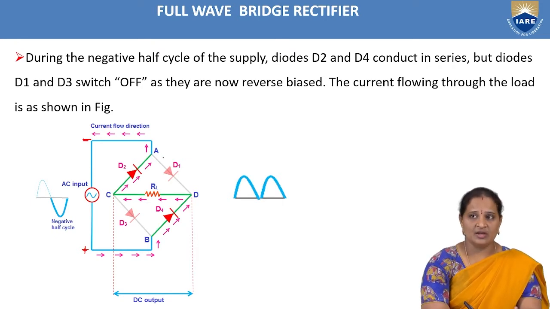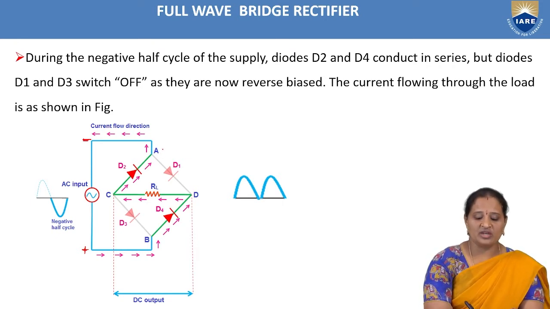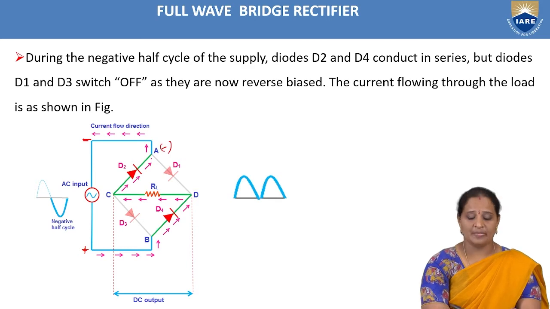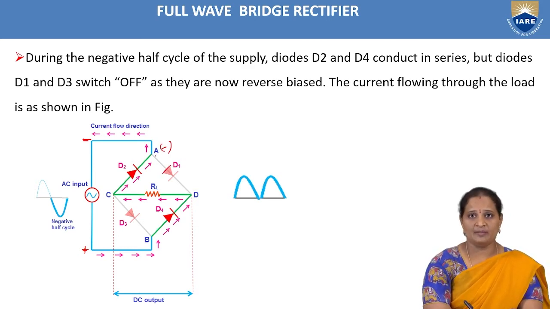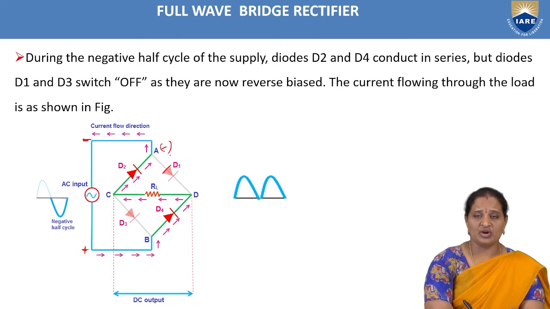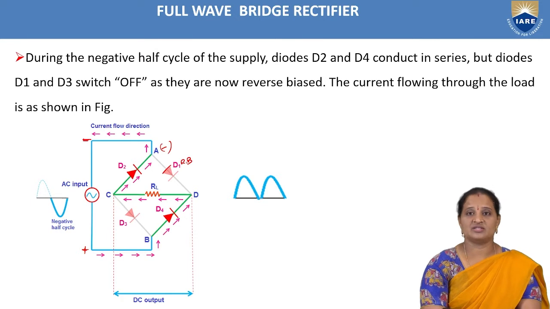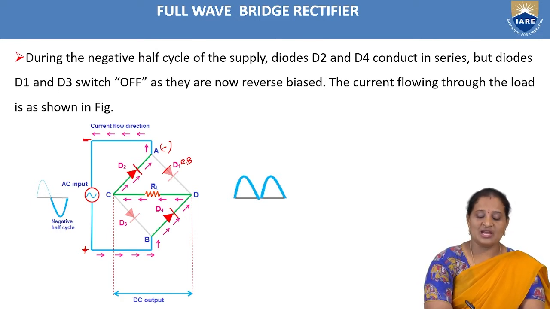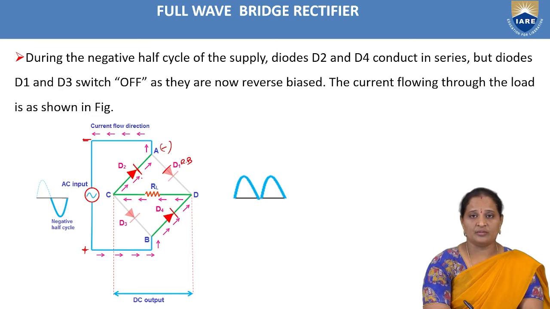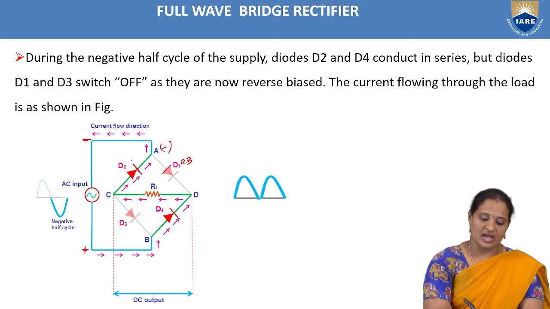So as point A is at more negative potential, diode D1, whose anode is connected to point A, gets reverse biased. And diode D2, as its cathode is connected to the more negative potential, is forward biased.